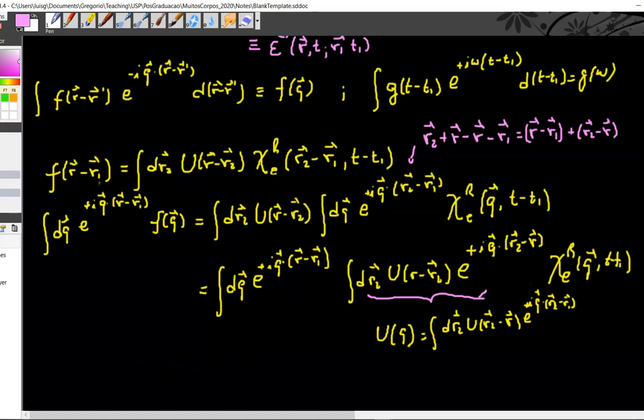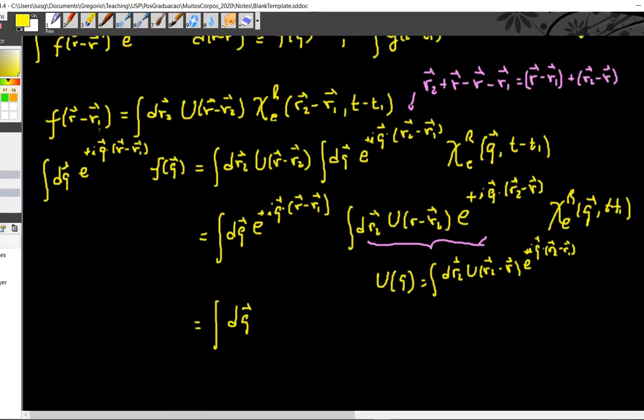So the end result here would be an integral over dq, and let me just write a little bit more, e to the iq(r minus r1) times u of q times chi_e of q, t minus t1.